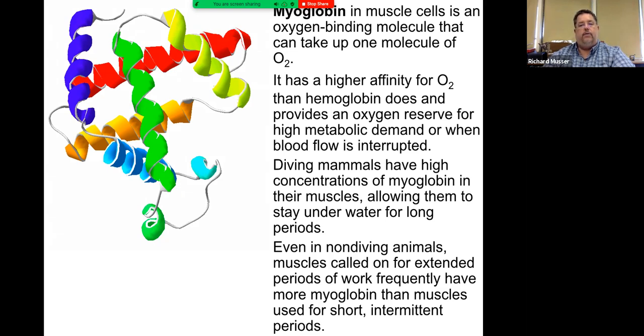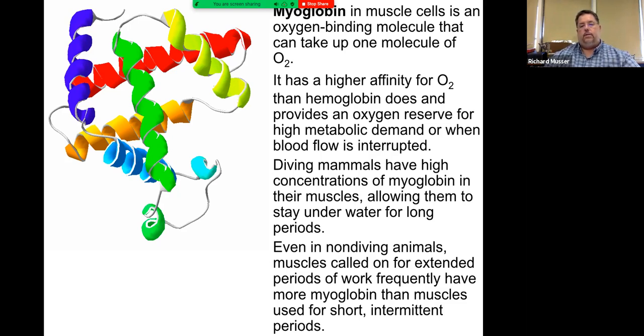It has a higher affinity for oxygen than hemoglobin, which makes sense because you need to be able to pull the oxygen away from the hemoglobin and put it into the muscles that need it. So again, myoglobin is going to have a higher affinity for oxygen, causing a concentration gradient that pulls the oxygen away from the hemoglobin and puts it into the muscles that need it.